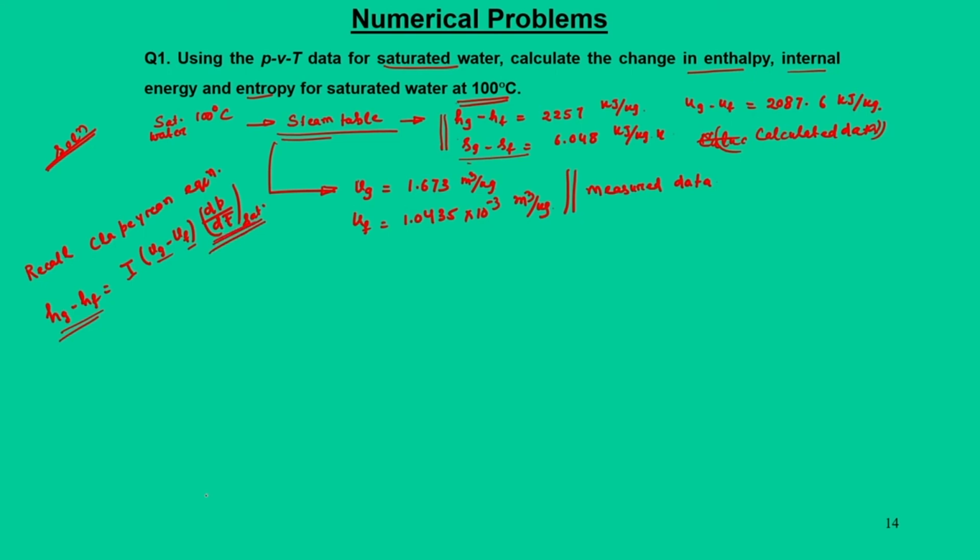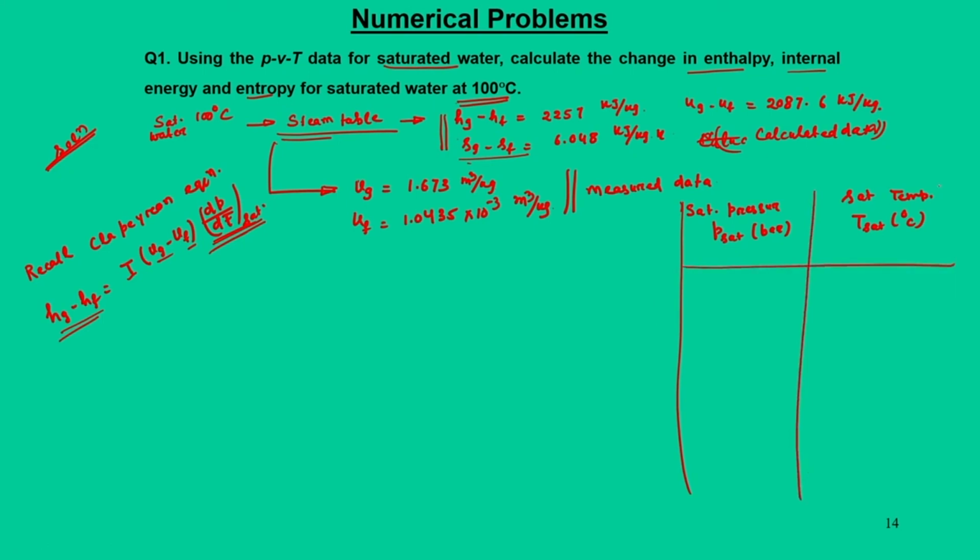To do that, we can take a data sheet of saturated pressure and saturated temperature, that is P saturated in bar and T saturated in degree centigrade. We can get or measure the data at different temperatures.